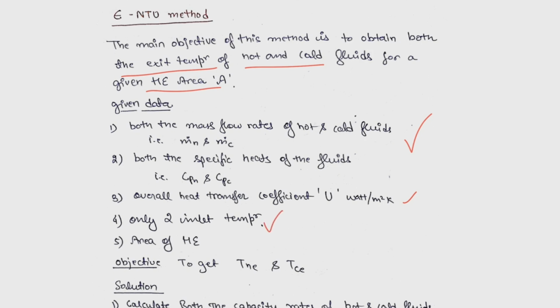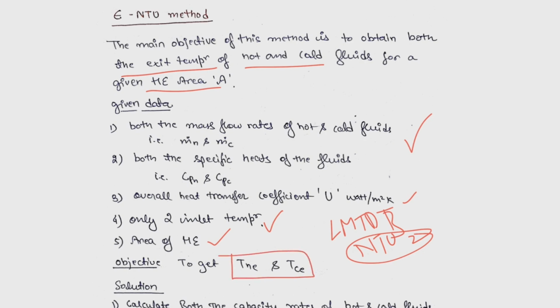In the case of LMTD we get three temperatures, but in the case of NTU only two temperatures are given, and we have to find the remaining two. The area of the heat exchanger is already given. The only thing we have to find is the two exit temperatures of the fluids.